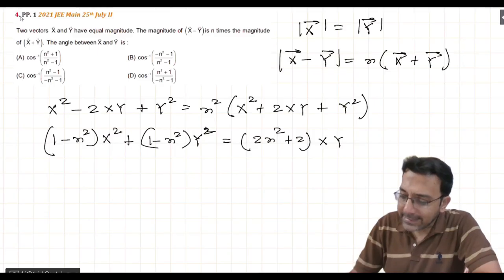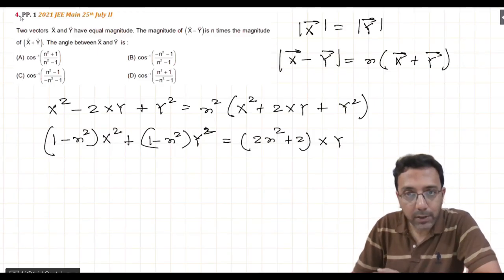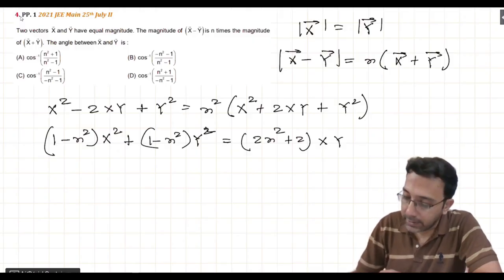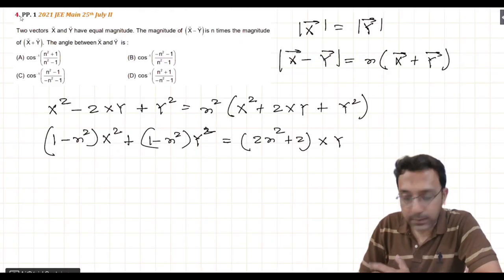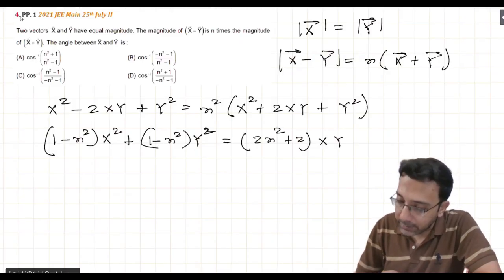And x and y are having same magnitude, so xy is like a dot product of two equal vectors, so that will also square out. So x square, y square, xy, all these things get cancelled.